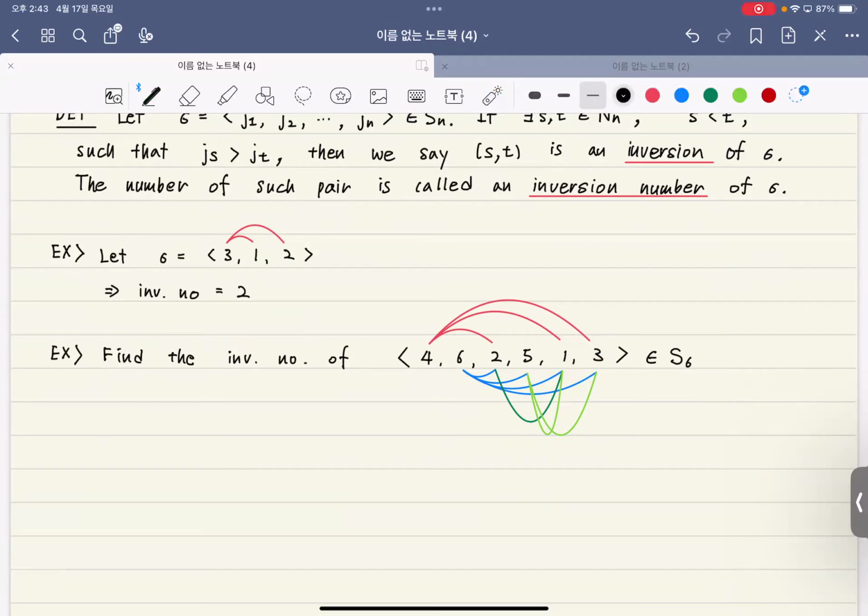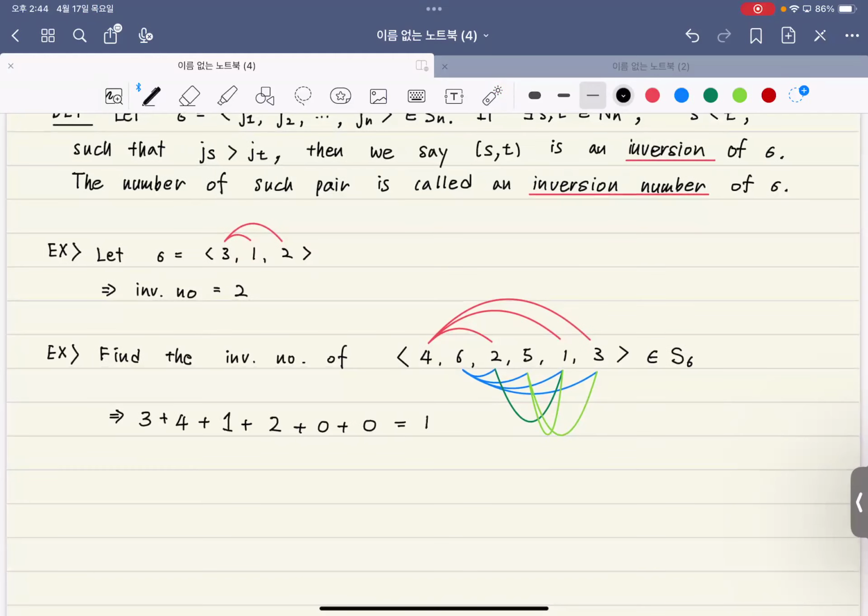In conclusion, I have 3 red curves, 4 blue curves, 1 green curve, and 2 light green curves, so 3, 4, 7, 10. So this is the inversion number of the permutation.